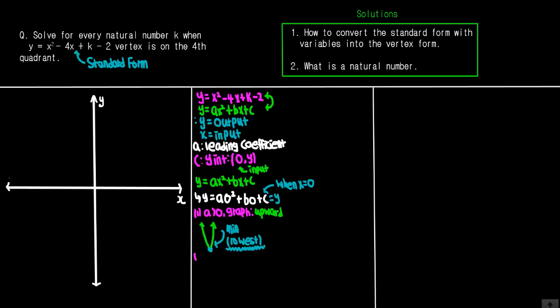Our second case is clearly the opposite of our first case, which means our leading coefficient is less than 0. When our leading coefficient is less than 0, the graph of our quadratic function opens downward.